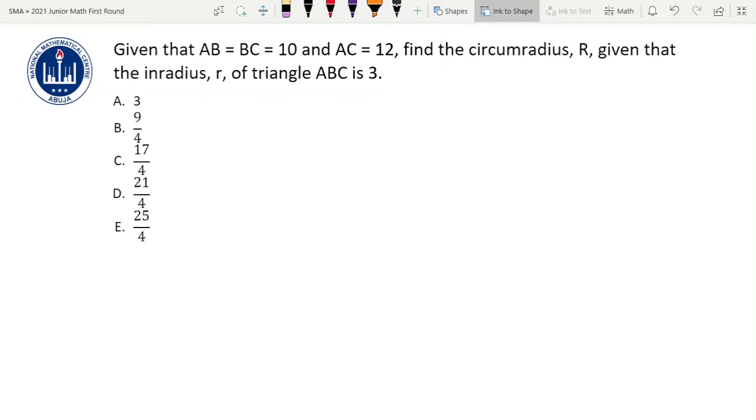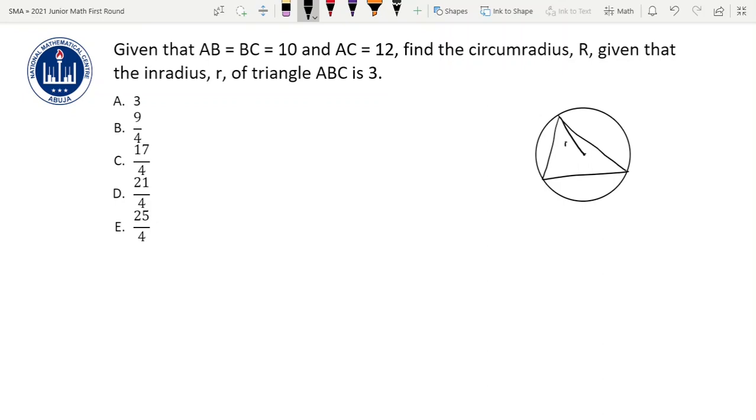So let me start by talking about what the circumradius of a triangle is. Let's say that we have a triangle that is inscribed in a circle. So we have a triangle in a circle. The radius of the circle that passes through all 3 points of a triangle is the circumradius of that triangle.